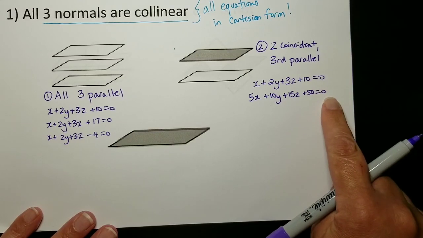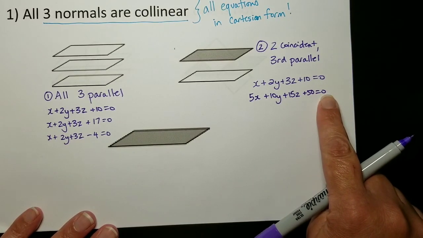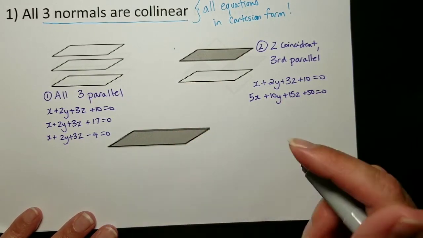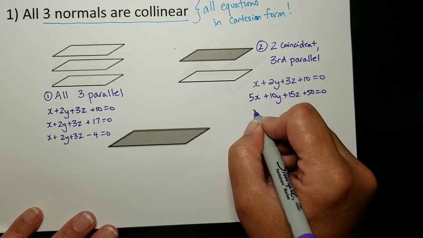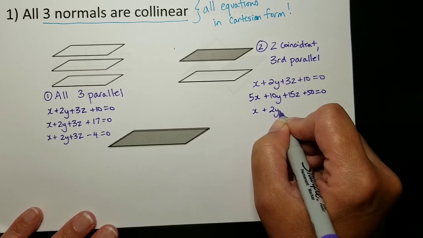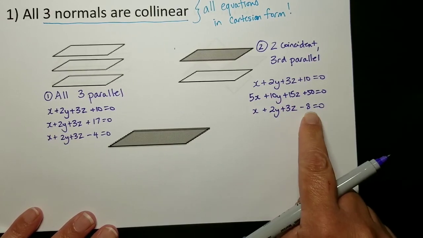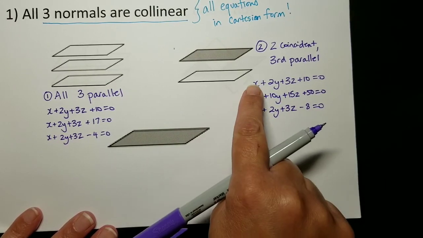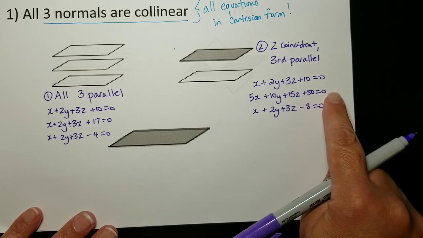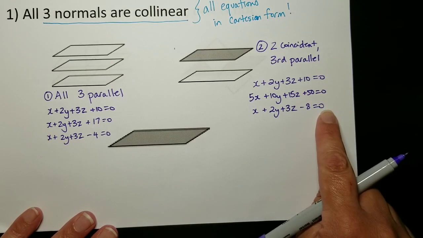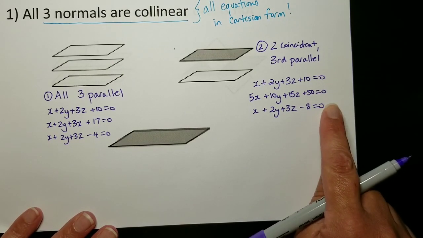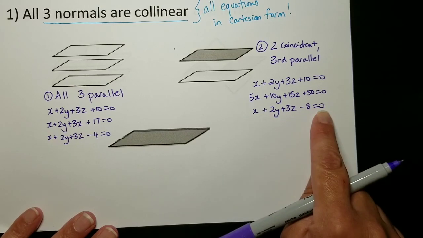So you can see that that's actually the same equation, just not in standard form. And then this third one might be parallel, and you might have x plus 2y plus 3z minus 8 equals 0. So a totally different d value. So you can see that these 2 planes, number 1 and 2, are the exact same. And the third one that you have there is different.